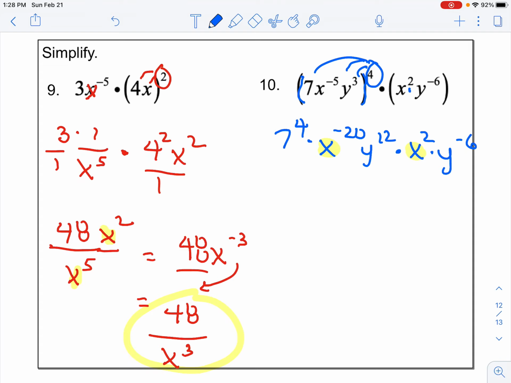So this is going to give me 7 to the 4th power, which is 7 times 7 times 7 times 7, which is going to give me 2,401. And then I have x to the negative 20 plus 2 is going to give me negative 18.